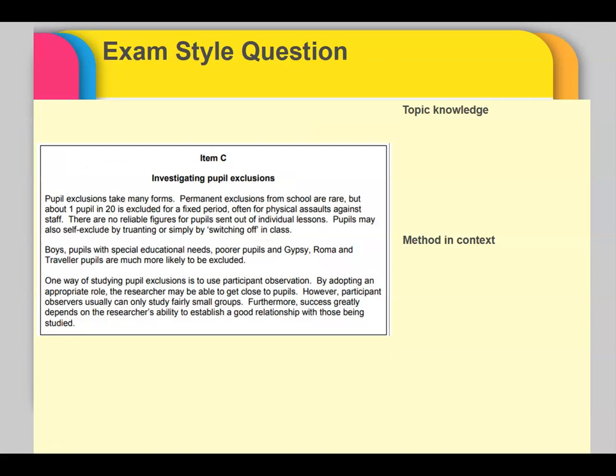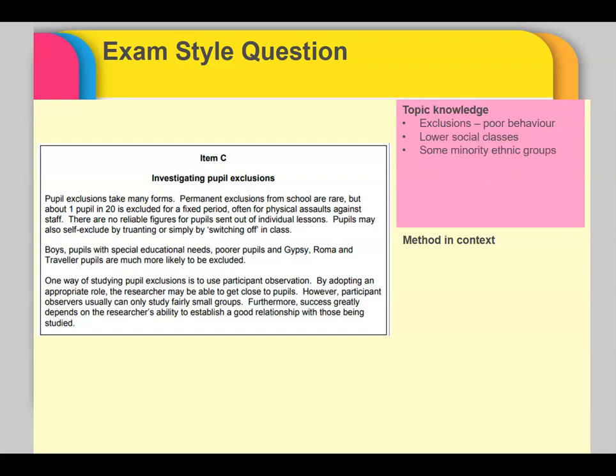I would suggest at a glance reading it, as you can see, the topic is about pupil exclusions. So in relation to your topic knowledge, you will know that exclusions are normally for poor behaviour. We know that kids from lower social class backgrounds and some ethnic minority groups, particularly black pupils, are more represented in school exclusions than others.